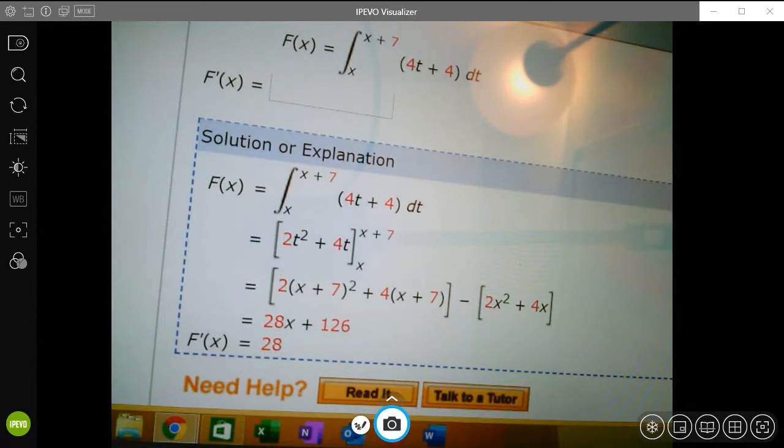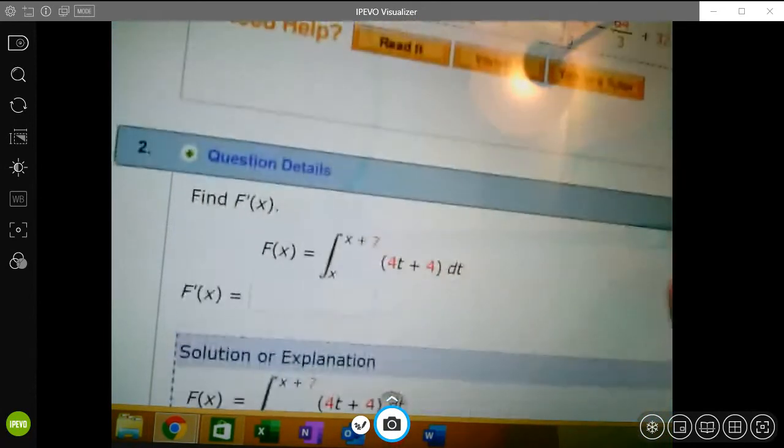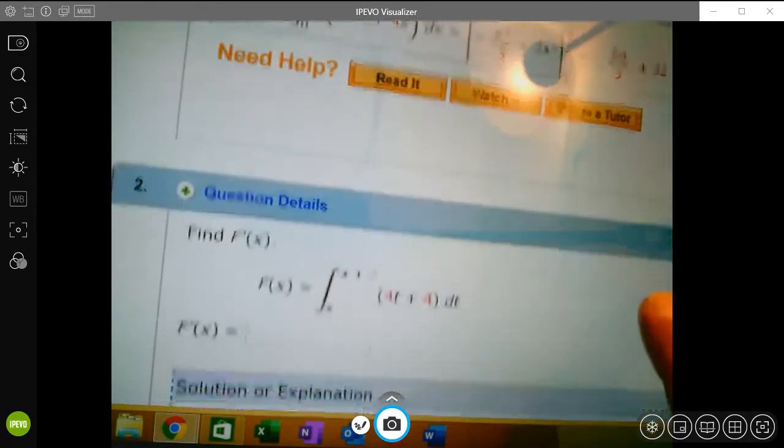So you just compute, then you plug in x plus 7 into t, then plug in x into t, then you subtract them. You will get this function 28x plus 126. Now you compute f prime. So f prime will be just 28, okay? So that's the fundamental theorem of calculus number 2.